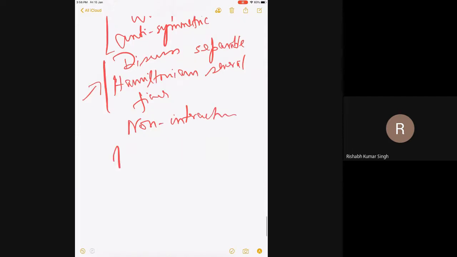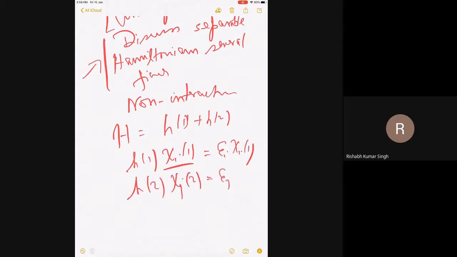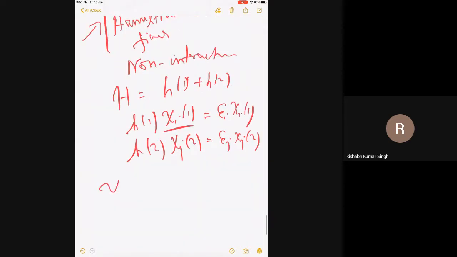So I just want to end by telling you the non-interacting theorem of separation. If your Hamiltonian is H1 plus H2, and they have solutions, H of 1 chi i of 1 is E_i chi i of 1, and H of 2 chi j of 2 is E_j chi j of 2. I'm now writing chi explicitly, not phi, and of course these 1 and 2 are dummy. Then psi of 1, 2 would be an antisymmetrized product of chi i of 1, chi j of 2.